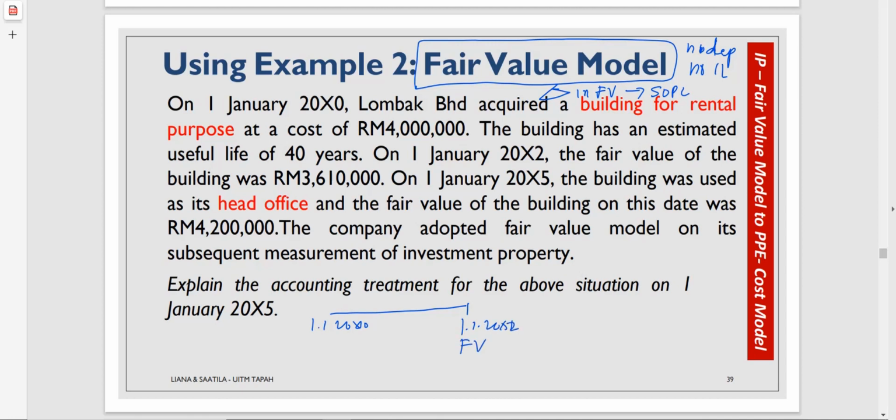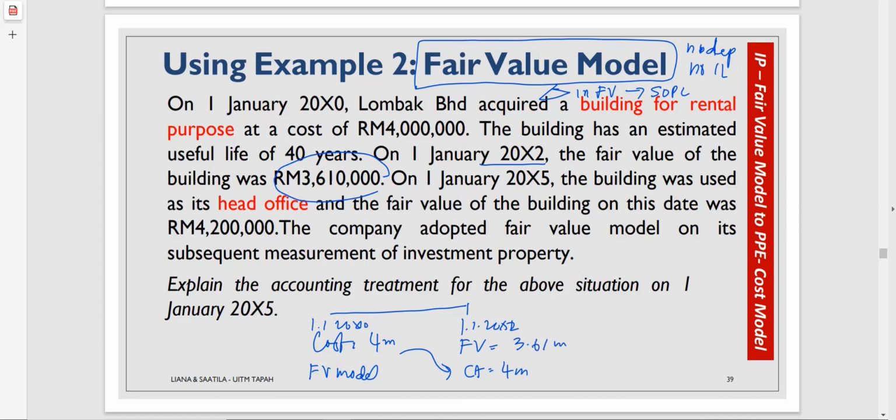So you need to take into consideration that, since here you are using the fair value model, the cost is still the same, which is 4 million. So the cost here will be the carrying amount of 4 million, and you will compare it with the fair value on 1st of January 2000x2, which was 3.61 million.